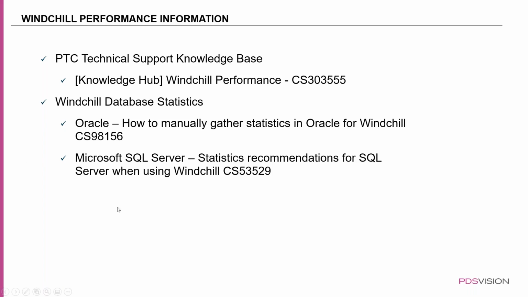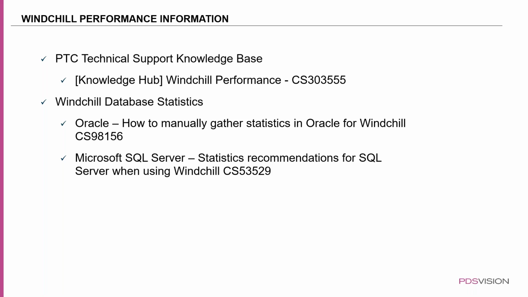And the other thing is with the database as well. So normally with the customers that we host in our environment, we normally, as part of the backup, run the Windchill statistics scripts. What that does is it gathers certain information that we include in the script, and based on the results of that information, I can see if Windchill database performance is deteriorating or not.